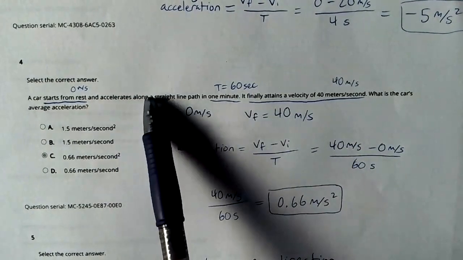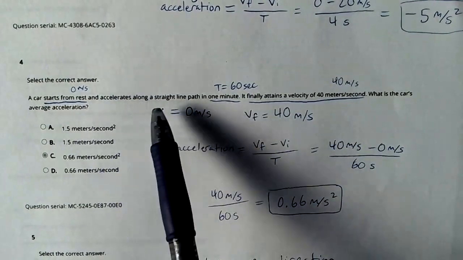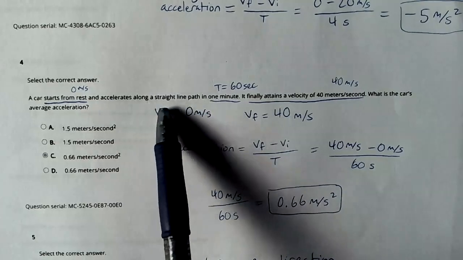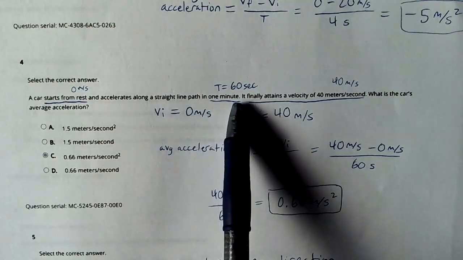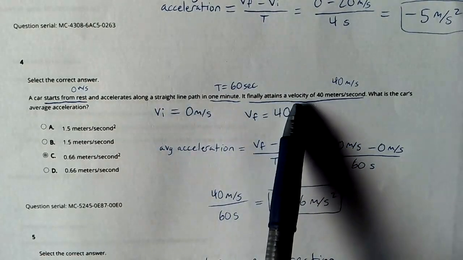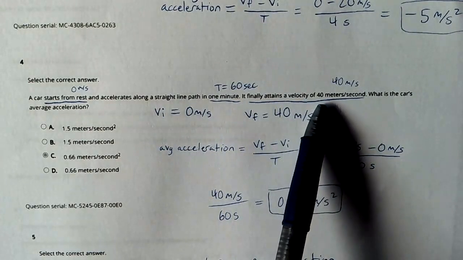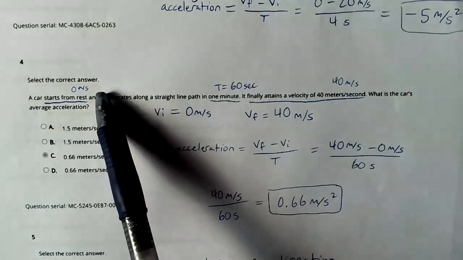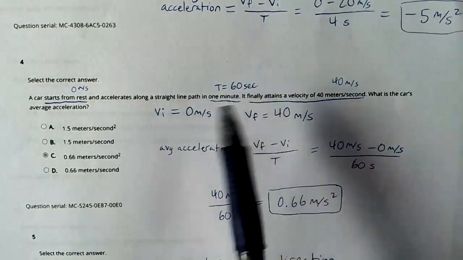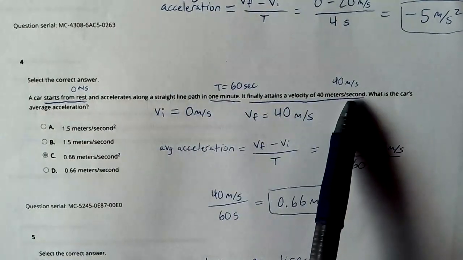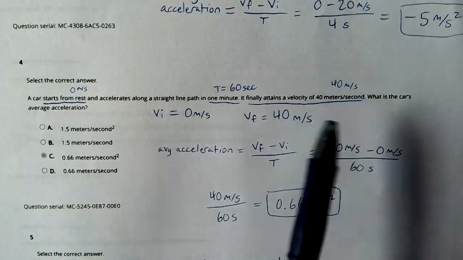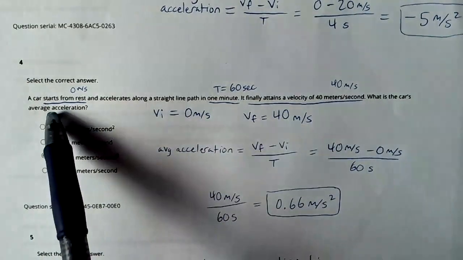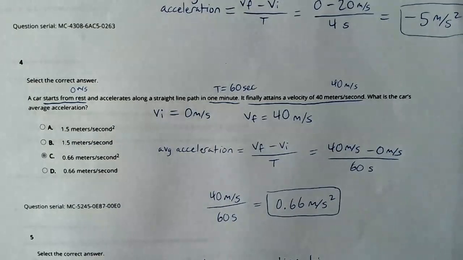So it starts from rest, 0 meters per second, and then it accelerates for 60 seconds, and then it finally attains a velocity of 40 meters per second. Starts from 0, a minute later, 60 seconds later, it's going 40 meters per second. What is the car's average acceleration?